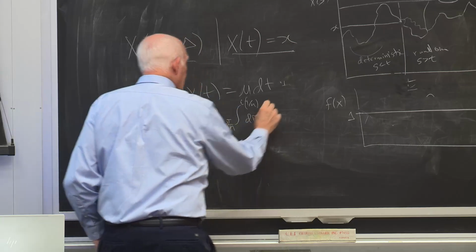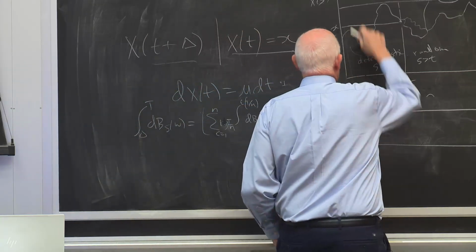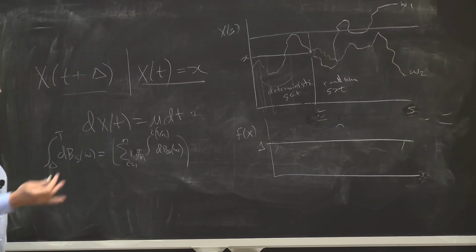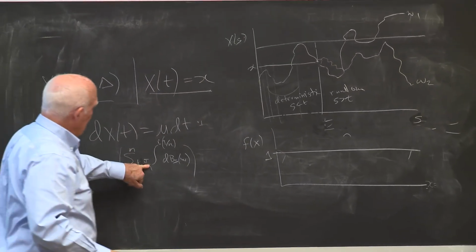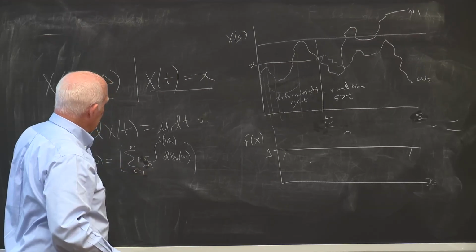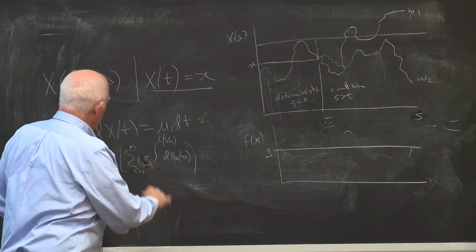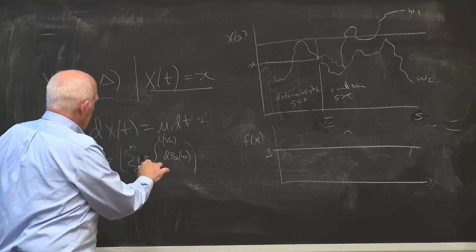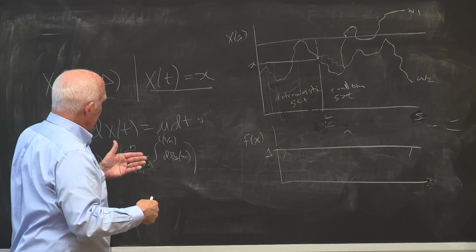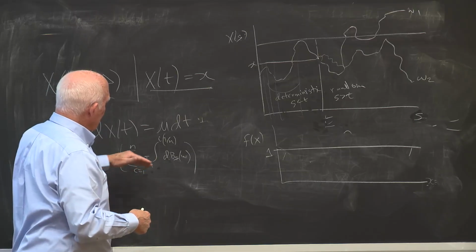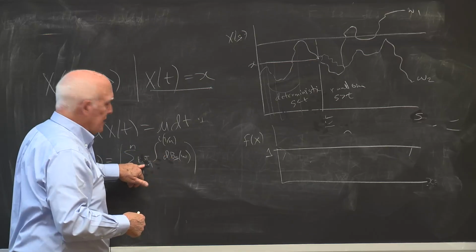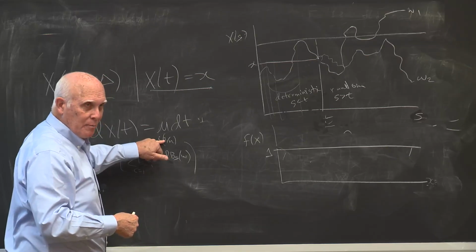So here I'm thinking of dividing this interval from 0 to T into increments of width capital T over n. Each of these integrals is looking at the change in B_s from these lower limits to the upper limits.